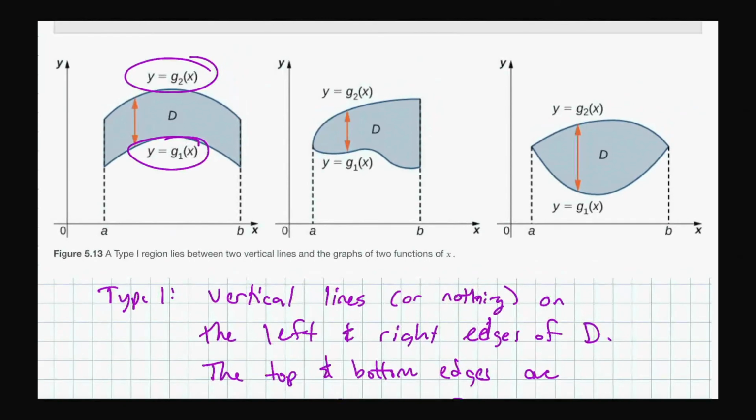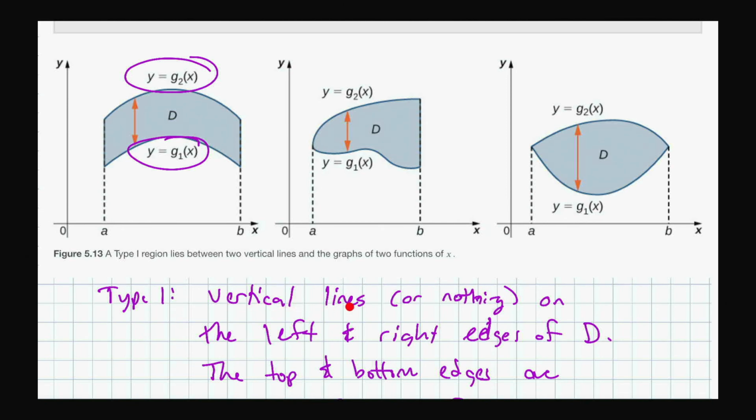Okay, so they've drawn three cases here. In this case, the top and the bottom edges are functions, and the left and the right edges are vertical lines. On this one, the top and the bottom edges are functions again. You have a vertical line on the right. On the left, there is no vertical line, they just meet at a point here.